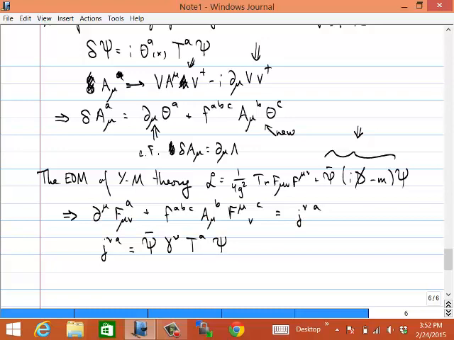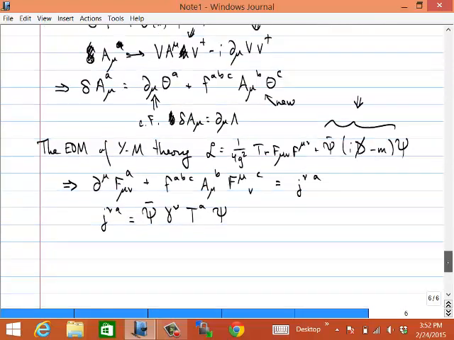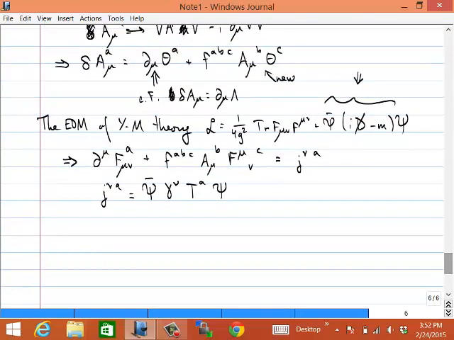But let me end by making two just sort of interesting points about Yang-Mills theory that I think are worth keeping in mind. So the first point that I want to make is that the equation of motion of Yang-Mills theory is nonlinear in A, even if J is equal to 0.